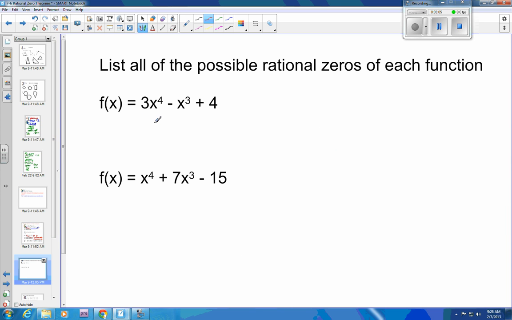So listing them out for an actual one, again, this is my P here. This is my Q over here. So P over Q is going to be the factors of 4 over the factors of 3.